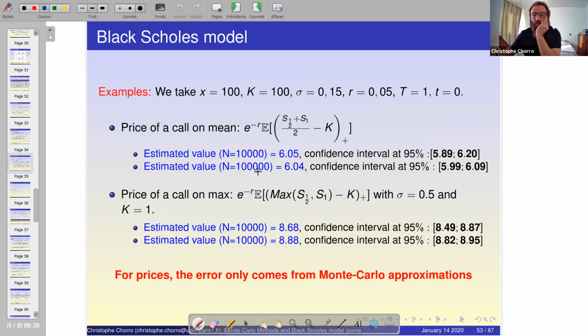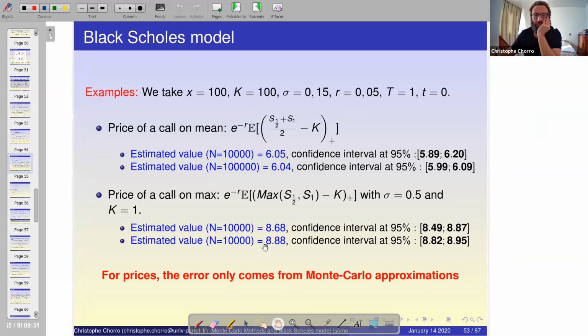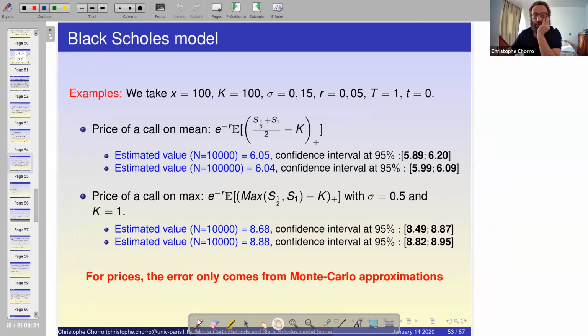So let's see a numerical example here. I have considered two basic contingent claims, what I call a colon mean and a colon max. In the Black-Scholes model, I consider capital T equal to 1.